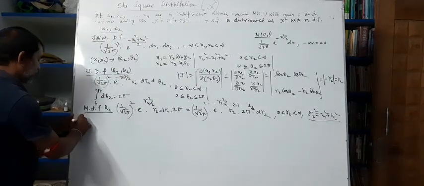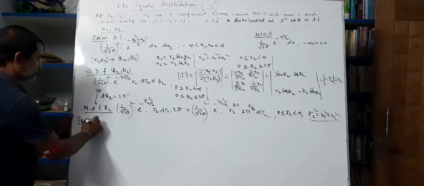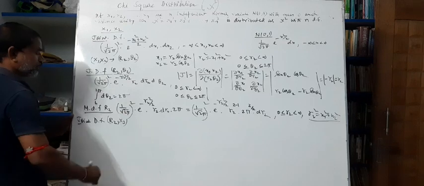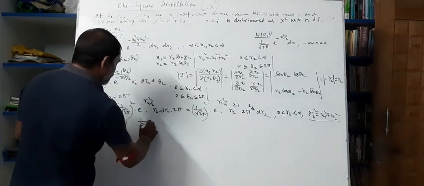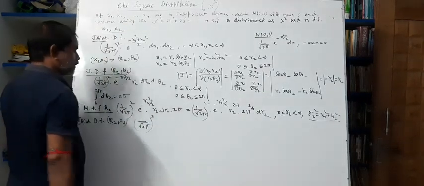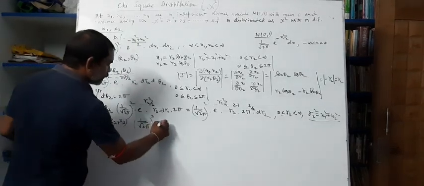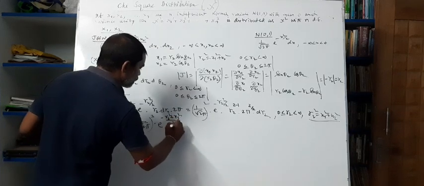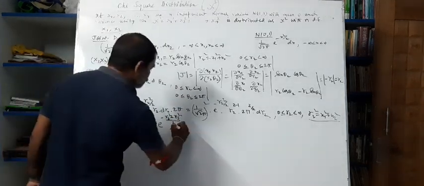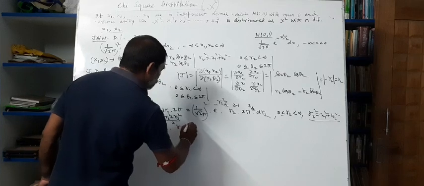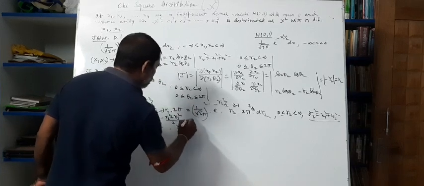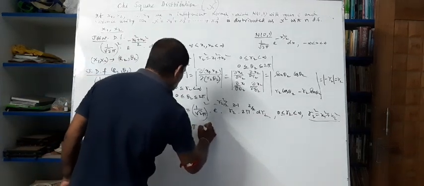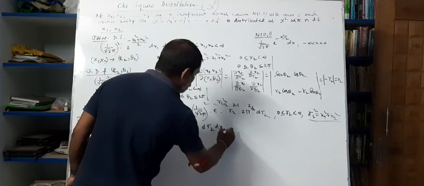Now we write the joint distribution function of r2 and x3, that is 1 by root over 2 pi whole cube into e to the power minus r2 square plus x3 square divided by 2, and r2 into 2 pi into d of r2 d of x3.